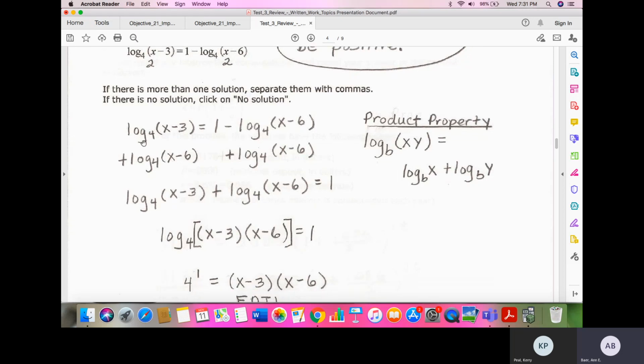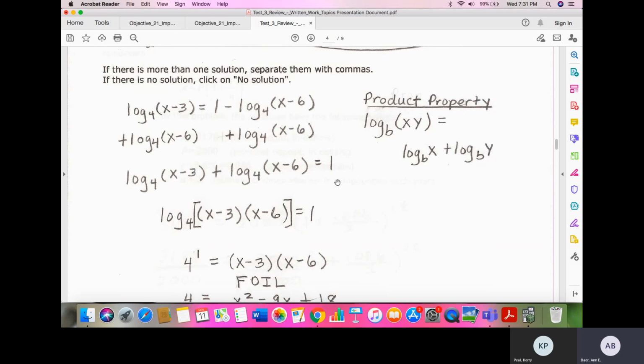On the left side, we are going to have log base 4 of x minus 3, plus log base 4 of x minus 6, equals this one. This is minus the same number as we have plus of, so that's 0. And 1 plus 0 is 1. So that's what we have.